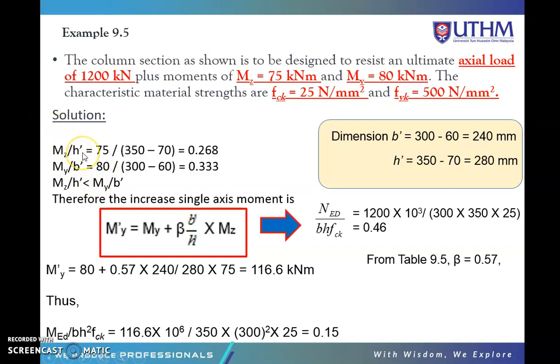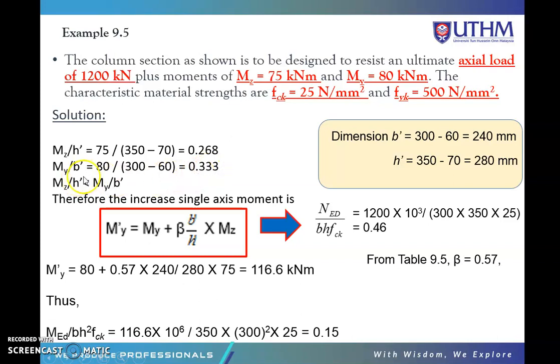So we need to find the value for which axis to be designed. So Mz over h prime nilainya ini, My over b prime nilainya ini.